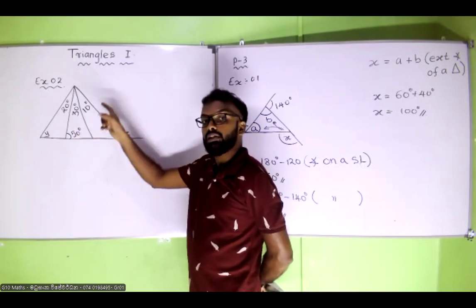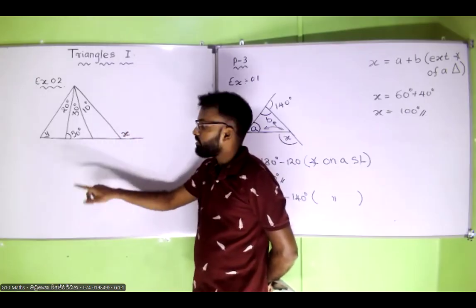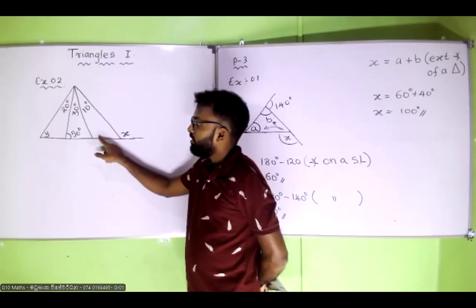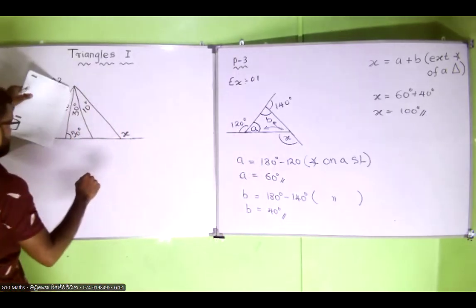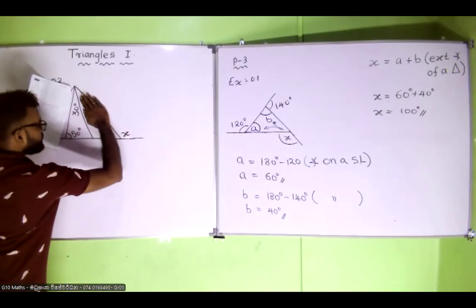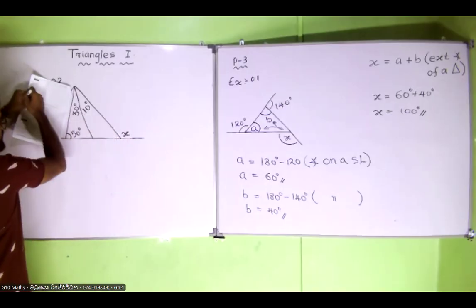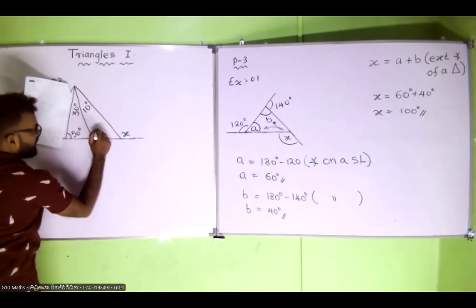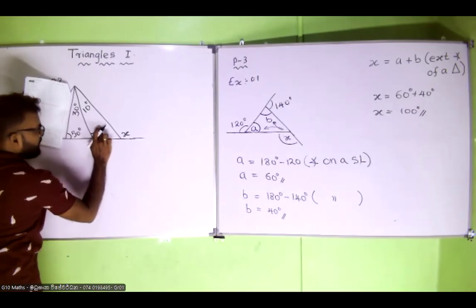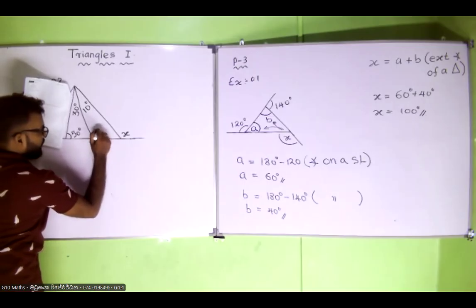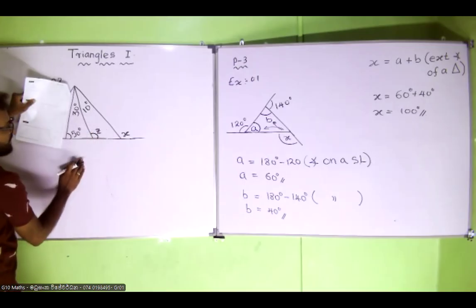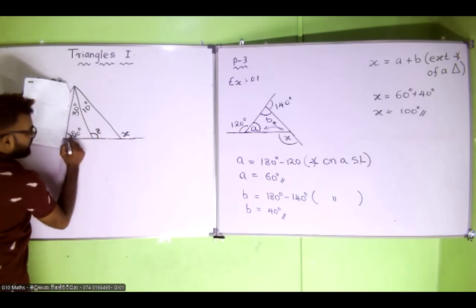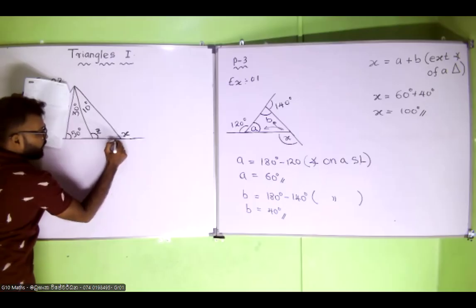Again, we can apply the same theorem that this is my exterior angle, right? If I consider this triangle and say this is my exterior angle, I will take it as z. This side has been produced.